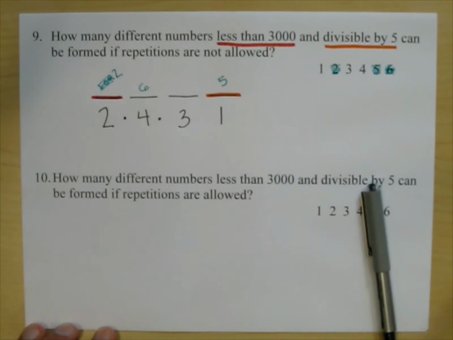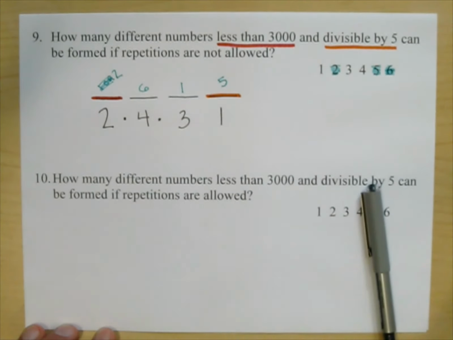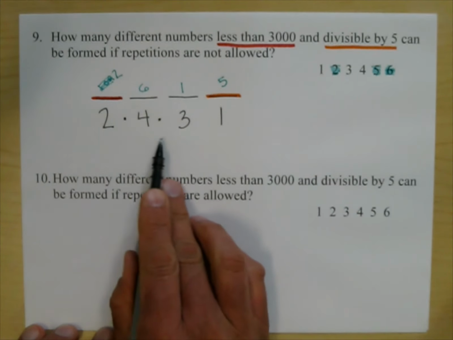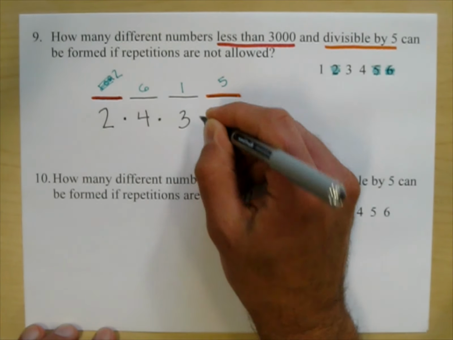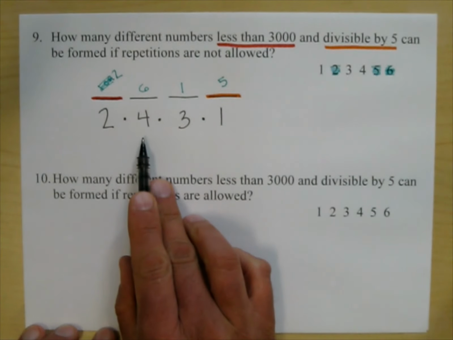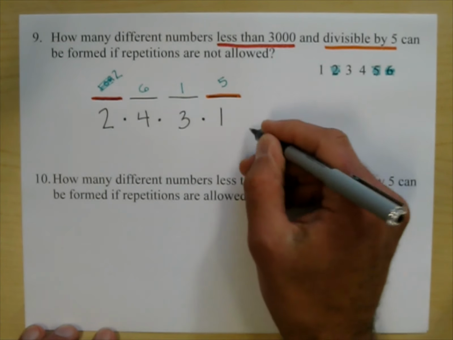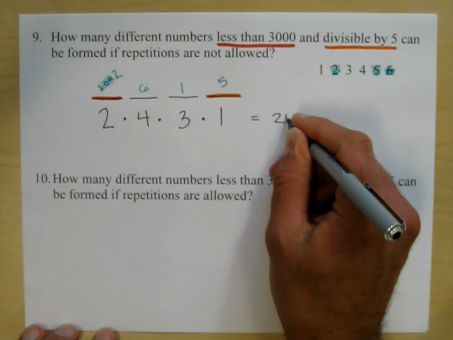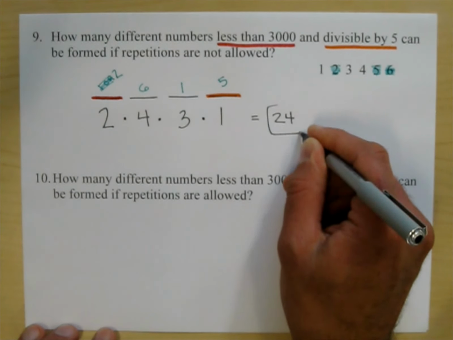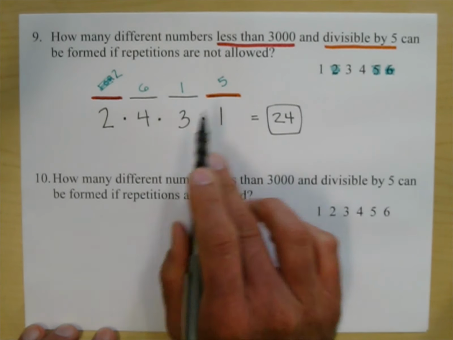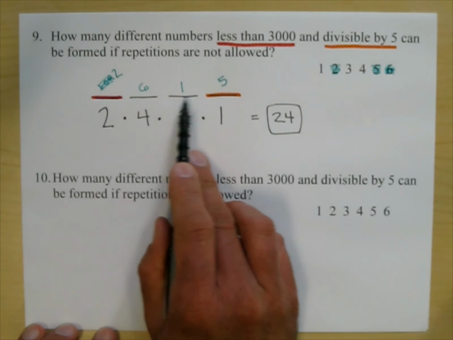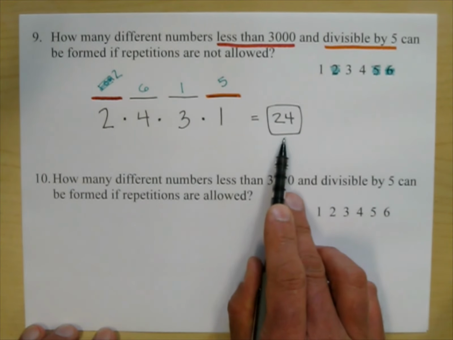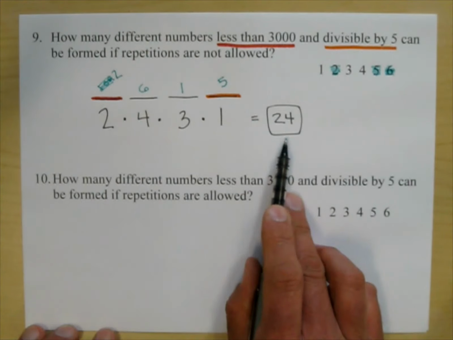I'll put a 1 there. So we multiply these numbers together: 2 times 4 times 3 times 1. 2 times 4 is 8. 8 times 3 is 24. There are 24 whole numbers that fit the description here. One of those 24 numbers is 2,615, the one that we have in green, but this is my answer right here.